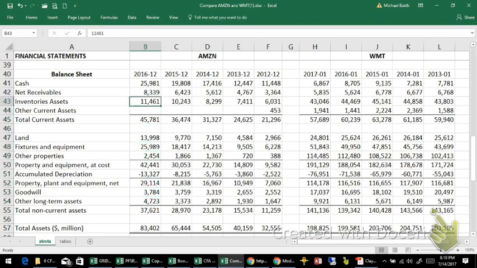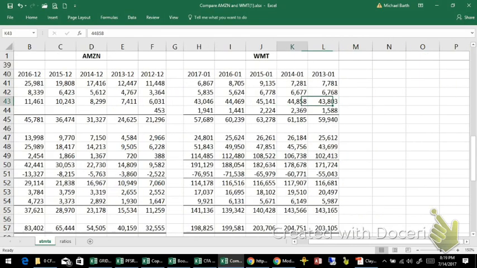And Amazon has close to $26 billion in cash, Walmart only $7 billion. But then you look at they got $43 billion in inventory, and it's been $43 to $45 billion for a long time.